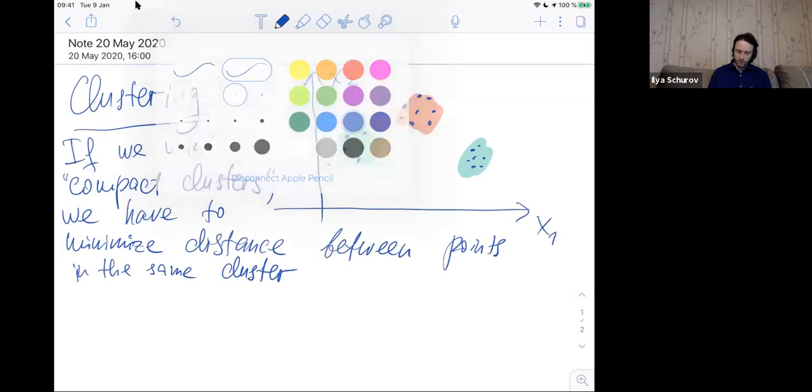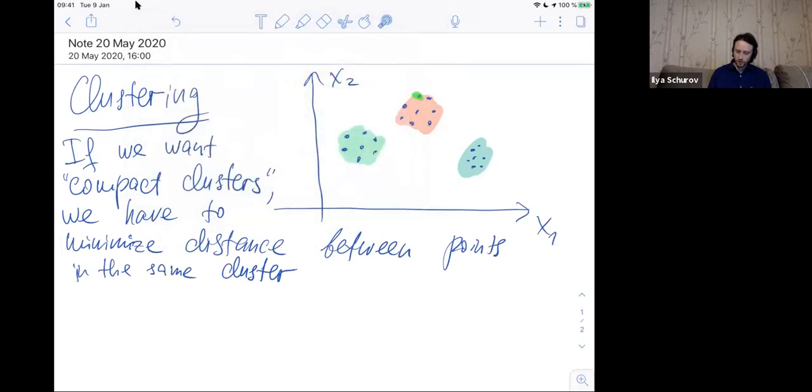So I can pick 2 points in this cluster, or in this cluster, or in this cluster, and I want the distance between these points to be as small as possible. I can find, for example, the average distance or the sum of all distances or the sum of their squares. But anyway, the idea is that these things should be small. The size of clusters should be small. And the distance between clusters should be large.